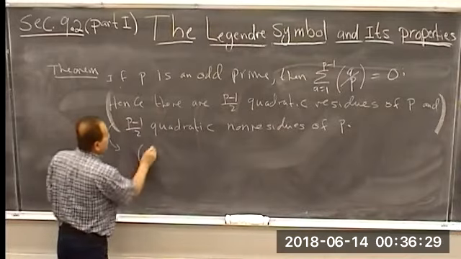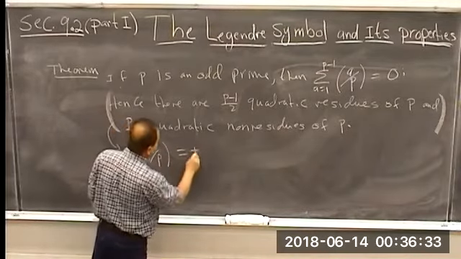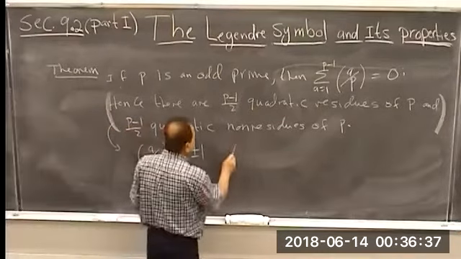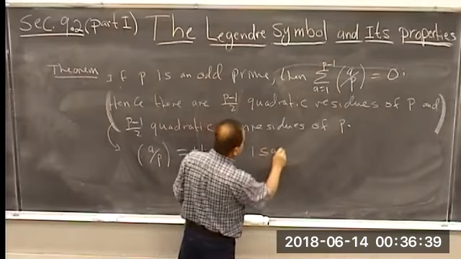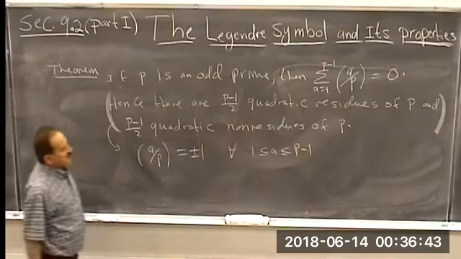We know that A by P is equal to plus or minus 1 for all these A's between 1 and P minus 1.